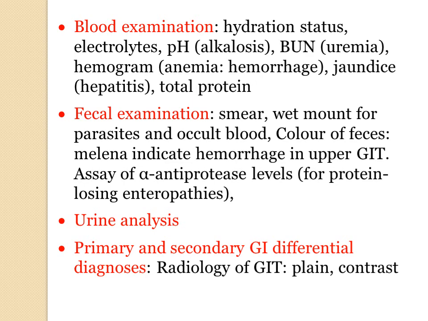If there is melena, black feces, it indicates hemorrhage in the upper GIT. Assay of alpha antiprotease level for protein losing enteropathies. These tests are generally not required.